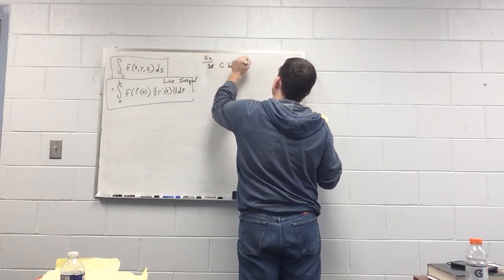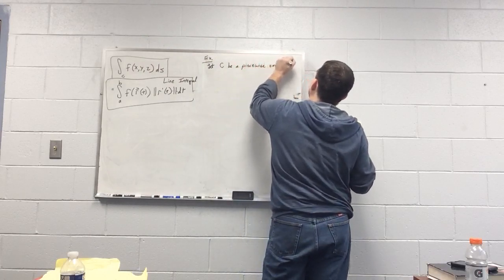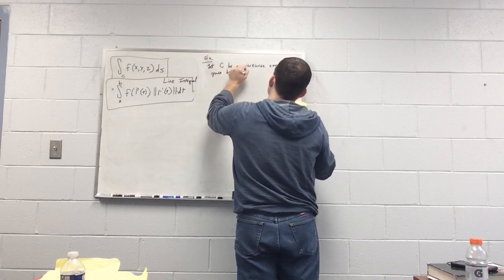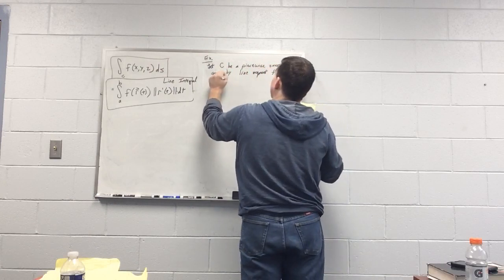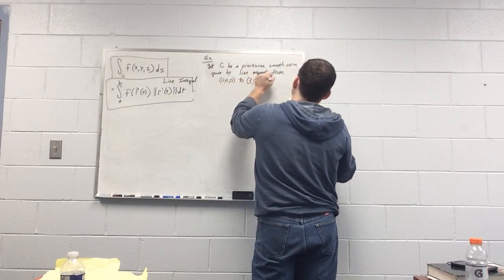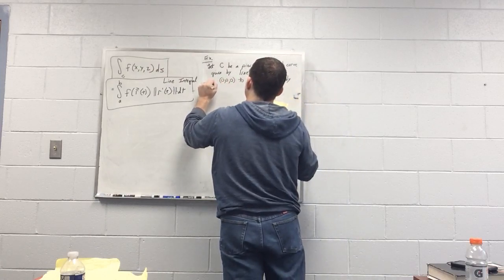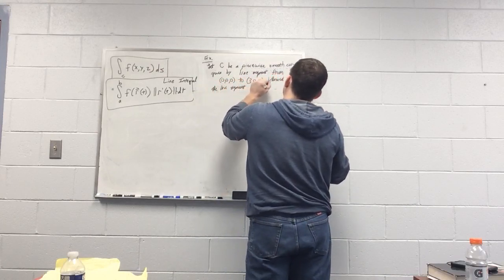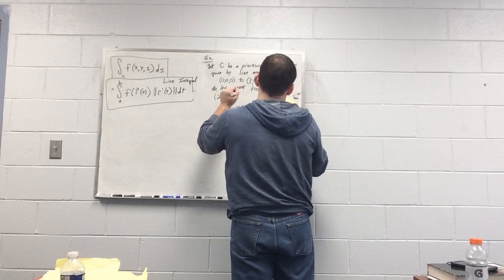Let's see, the piecewise smooth curve given by the line segment from (0, 0, 0) to (3, 0, 4), followed by the line segment from (3, 0, 4) to (2, 2, 2).